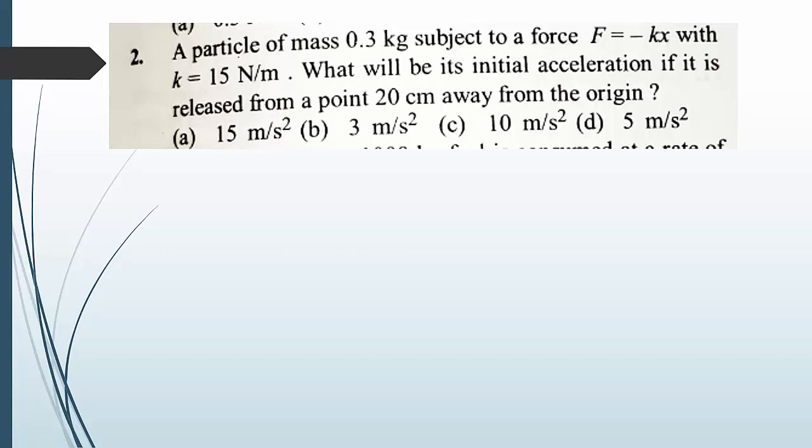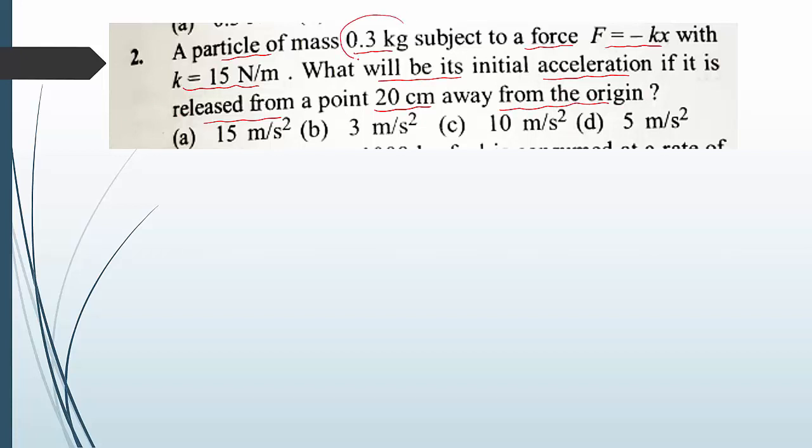Second question, a particle of mass 0.3 kg is subject to a force F equal to minus kx with k equal to 15 Newton per meter. What will be its initial acceleration if it is released from a point 20 cm away from the origin? First you can concentrate on the givens.